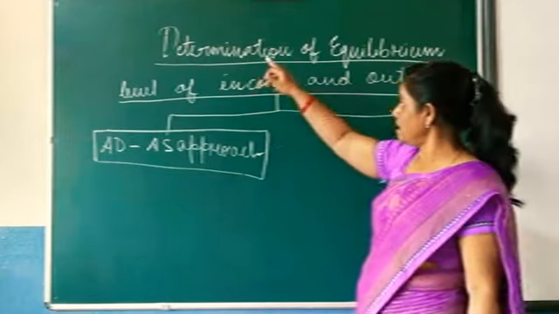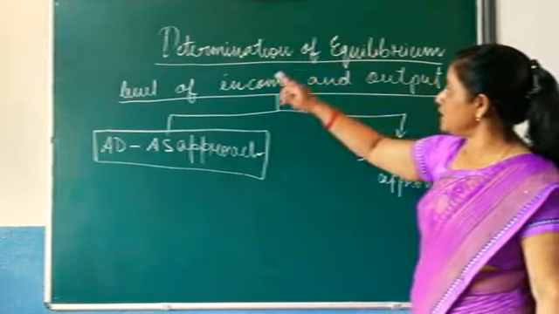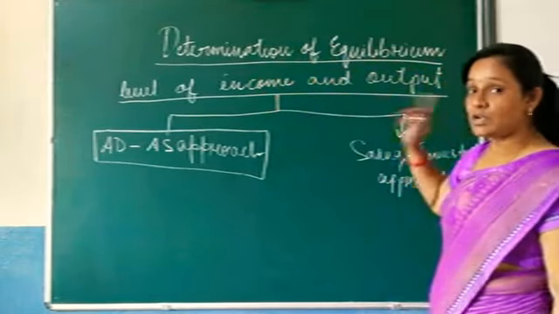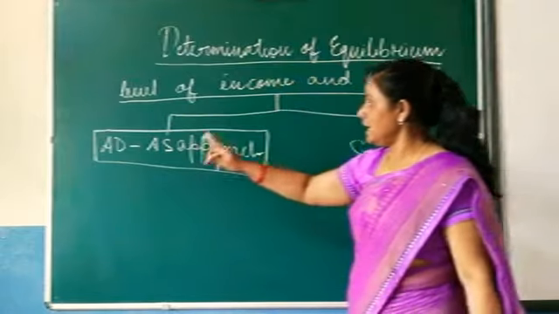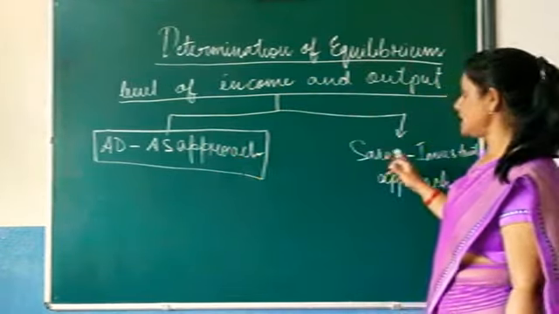So write down the heading, determination of equilibrium level of income and output, that we study under two methods, AD-AS approach and saving investment approach.